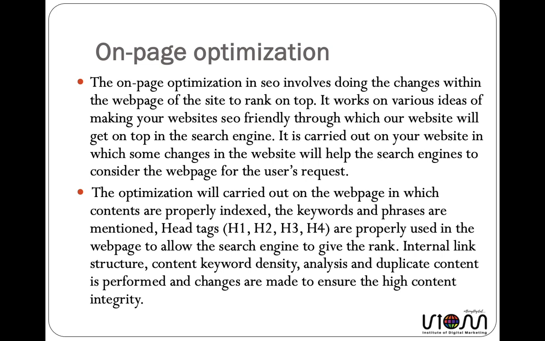Now let's say I am writing a blog on Goa. So here my keyword would be Goa. It means if somebody searches Goa on Google, my blog post should be visible on Google's first page. That is my goal.